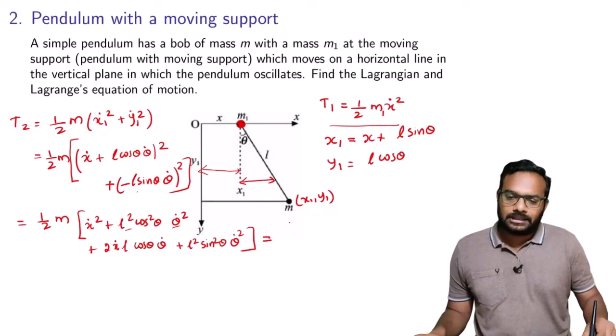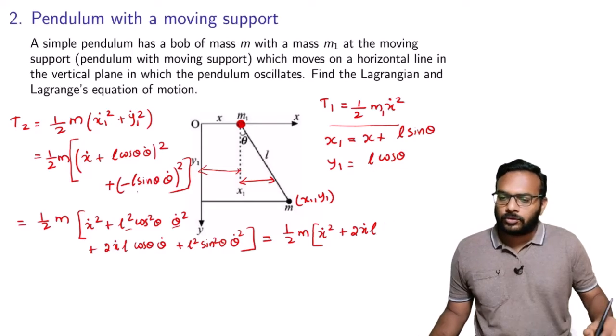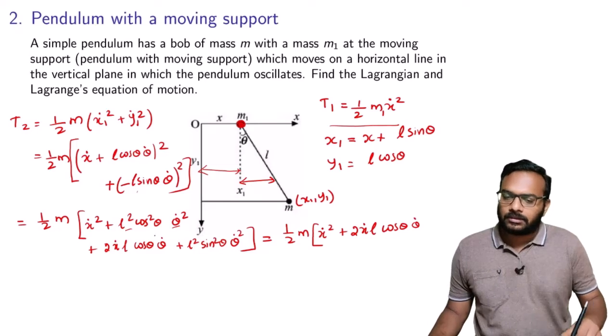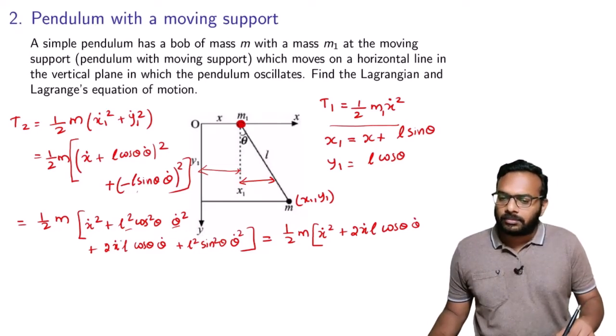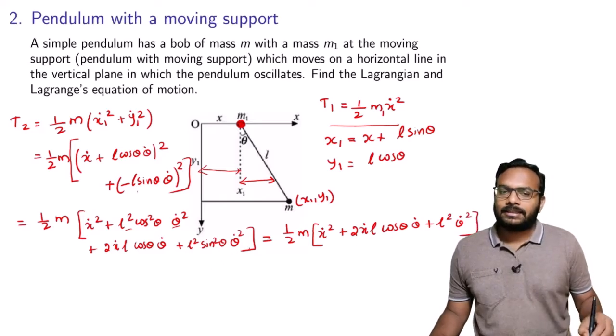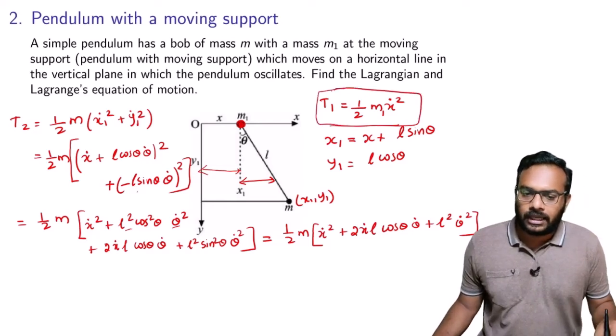So T2 is half m times x dot squared plus 2 x dot L cos theta theta dot plus L squared theta dot squared. That is T2. We have got T1 as half m1 x dot squared and T2 as this.